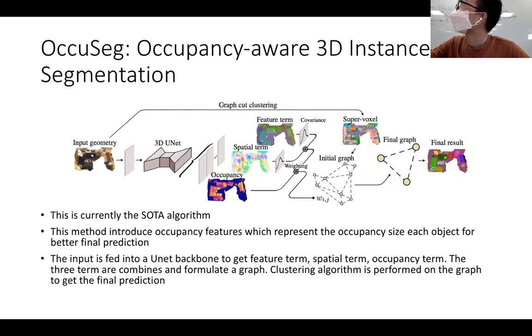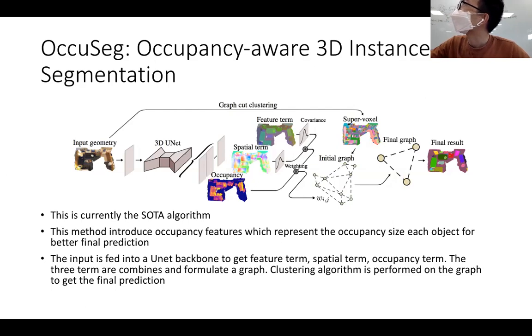And after having the feature term, spatial term, and occupancy term, where the feature term means you predict the object class, here is geometry, and here is how many points that object can contain, you combine the three features.